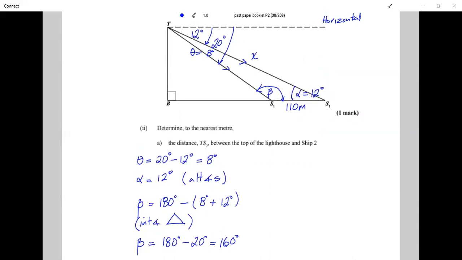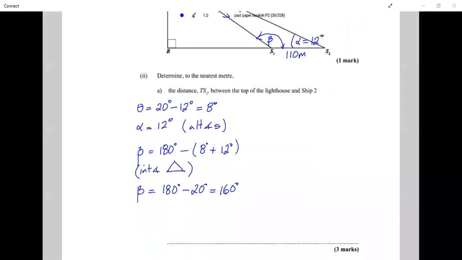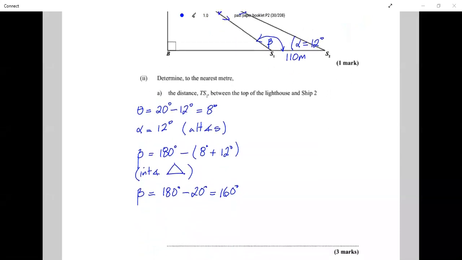And the tools for solving a non-right angle triangle are the sine rule and the cosine rule. You can only use the cosine rule when you know at least two sides. So if you only know one side, it means that you must be using the sine rule. I always tell people, whenever I'm using the sine rule, I always start out with what I want. So x is what I want.